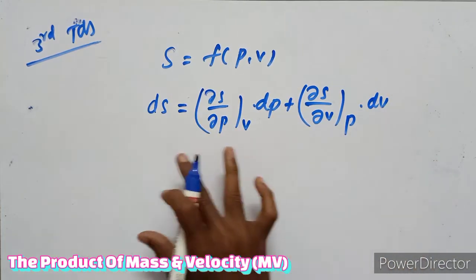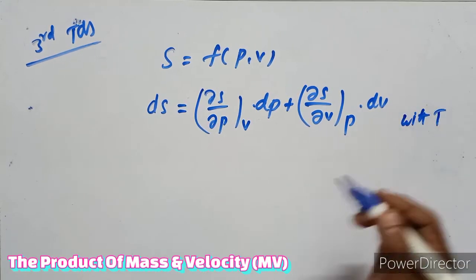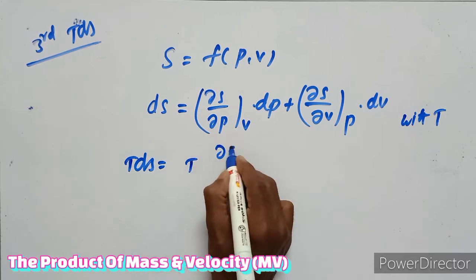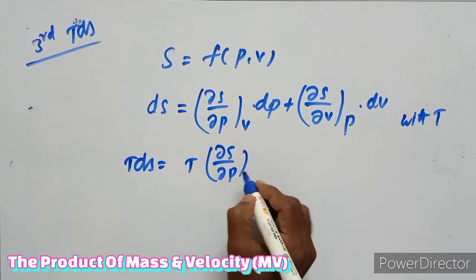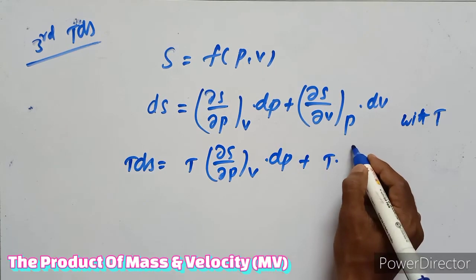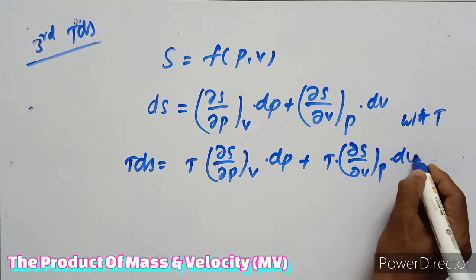Multiplying on both sides with T, Tds equals T into dou s upon dou p at v into dp plus T into dou s upon dou v at p into dv.